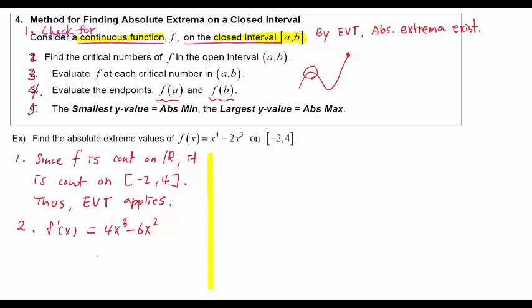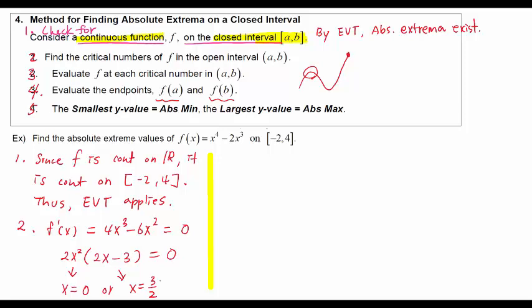This exists for every x. So the only way you can get a critical number is if this is equal to 0. So set it equal to 0, and I can factor out the common factor 2x squared. Then I have 2x minus 3 equals 0. So the critical numbers you get from here: this happens when x equals 0 or when x equals 3 over 2.